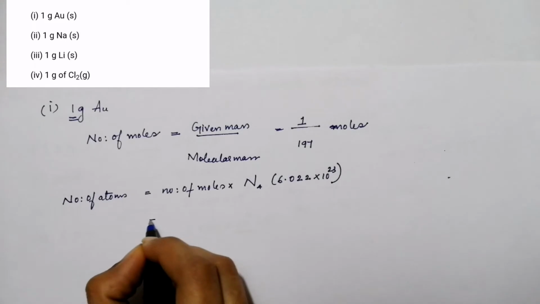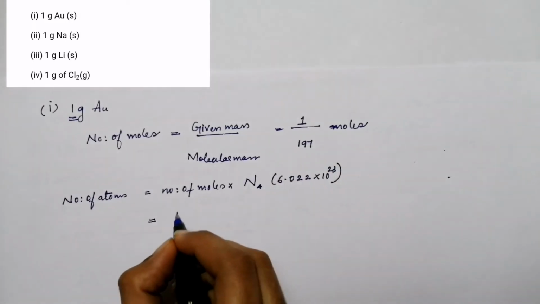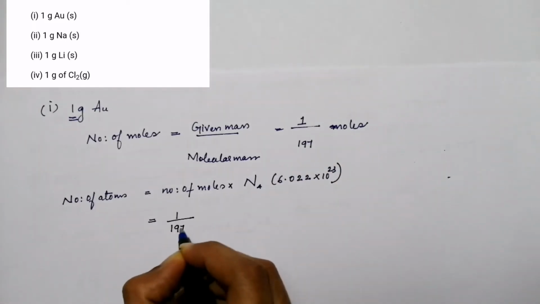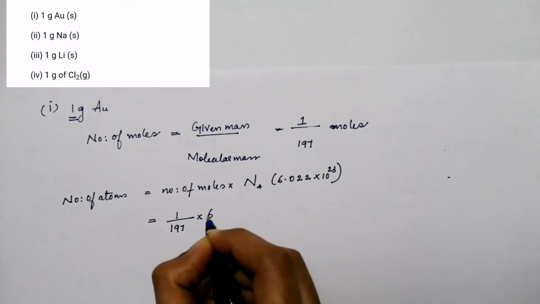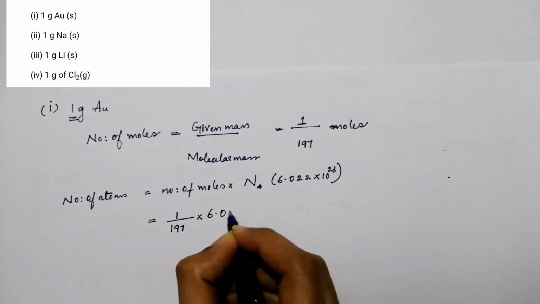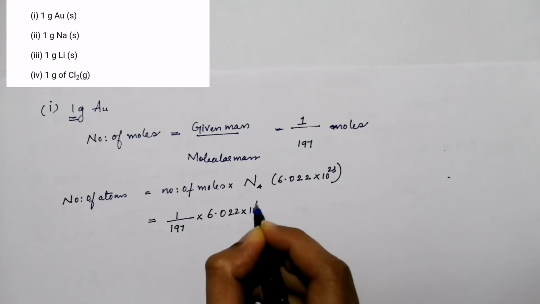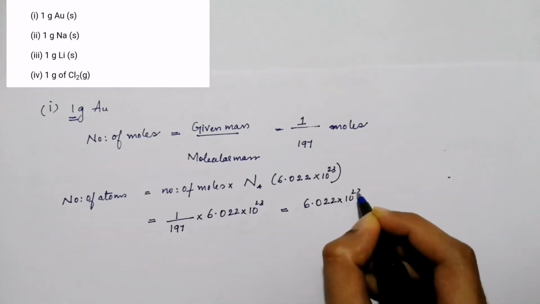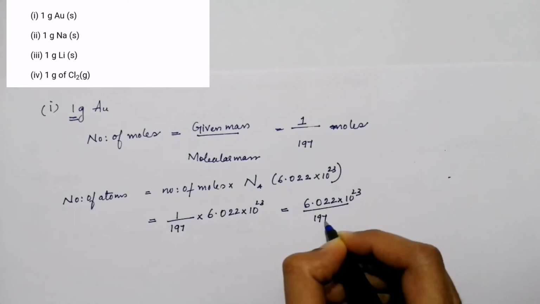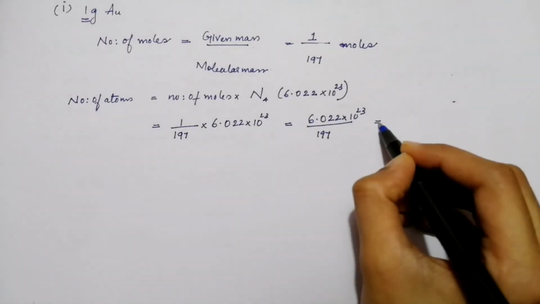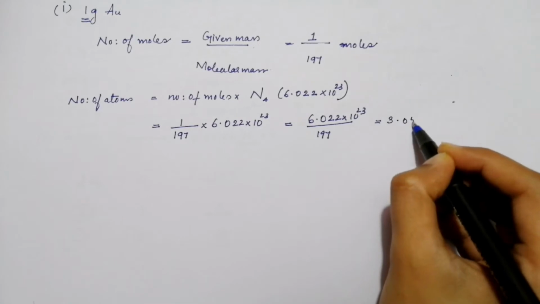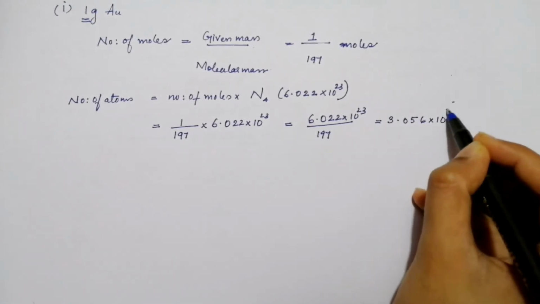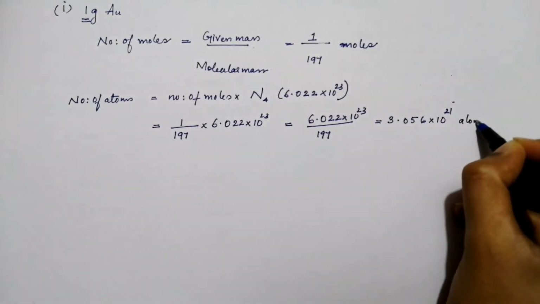We already have the number of moles as 1 by 197. Multiplying it with the Avogadro number, 6.022 into 10 power 23, we put it as 6.022 into 10 power 23 divided by 197. Solving this, we have 3.056 into 10 power 21 atoms.